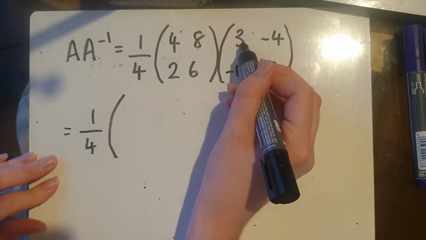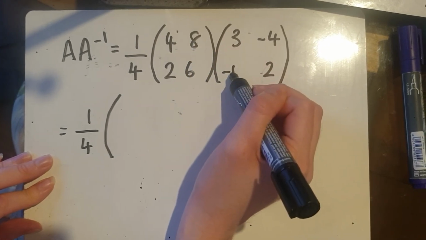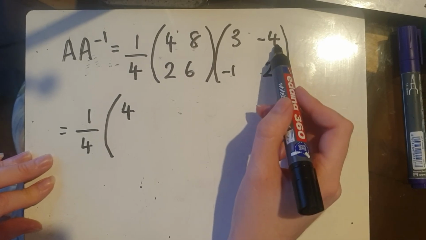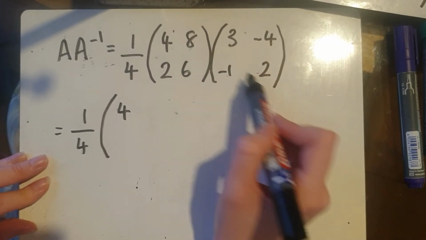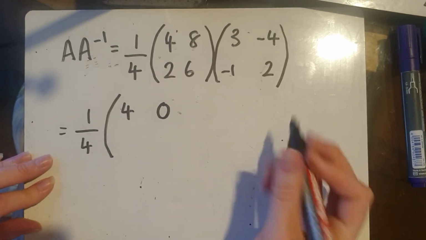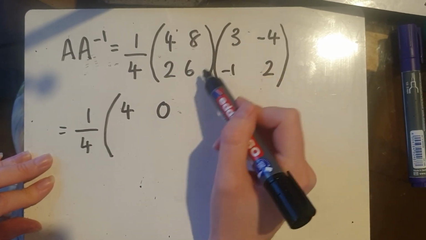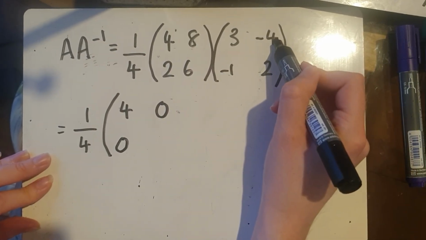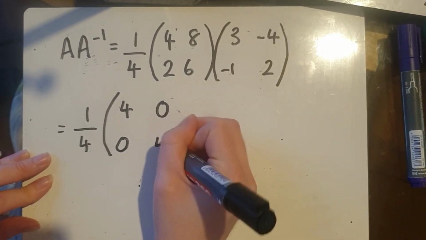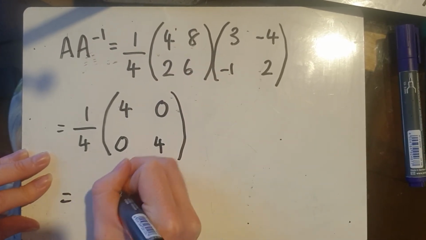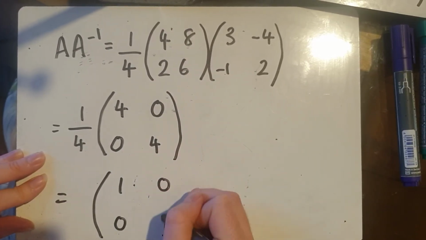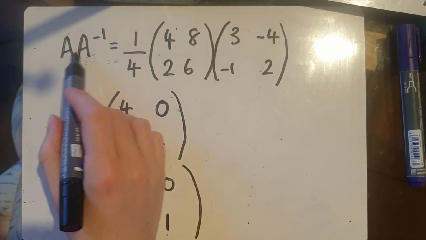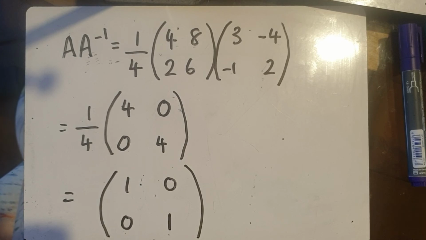Four times 3 is 12, 8 times negative 1 is negative 8, so we've got 4. 4 times negative 4 is negative 16, 8 times 2, positive 16. 2 times 3, 6, minus 6. Negative 8 plus 12. And I've ended up with the identity matrix. So it works. This A inverse gives me the identity matrix.